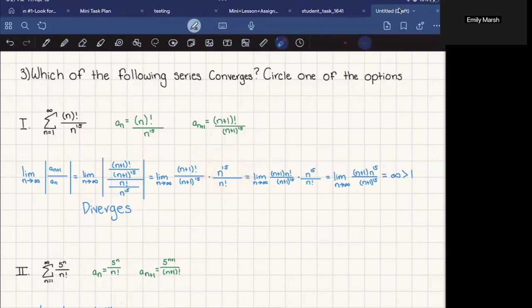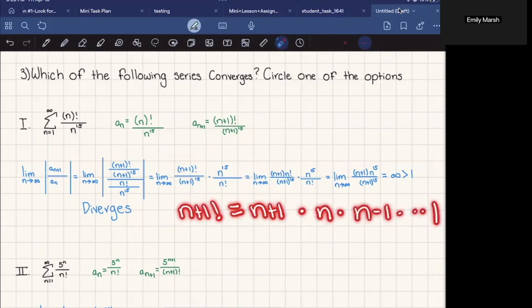And then after that, our next step is to combine like terms, simplify, expand, whatever we need to do to make this look a little easier and understandable. So right here, you can see that I take my n plus 1 factorial and make it n plus 1 times n factorial. And I do that because n plus 1 factorial is equal to saying n plus 1 times n times n minus 1 dot dot dot until we get to 1.